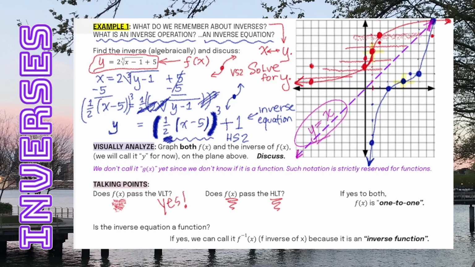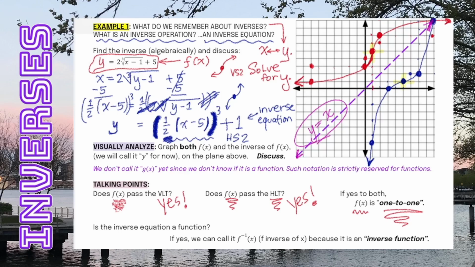Does it also pass a one-slice-through on the horizontal line test? And in this case, the answer to that question is also going to be an emphatic yes. If yes to both, then we say that f of x is 1 to 1. So no x's and y's are essentially cheating on each other. They're all being loyal to one another.